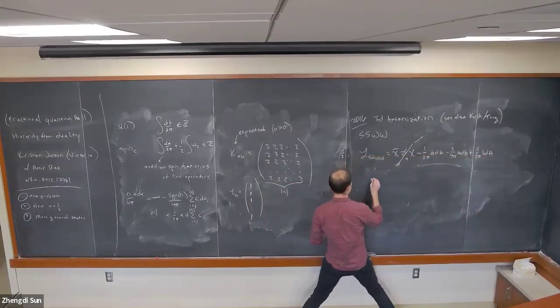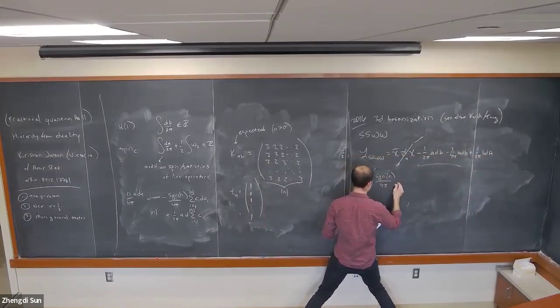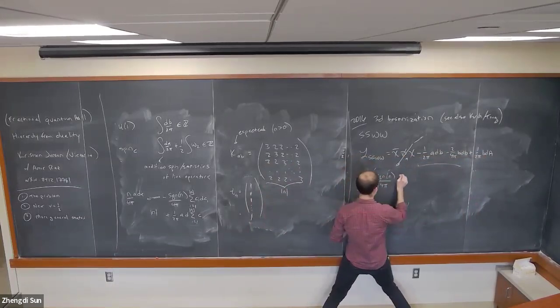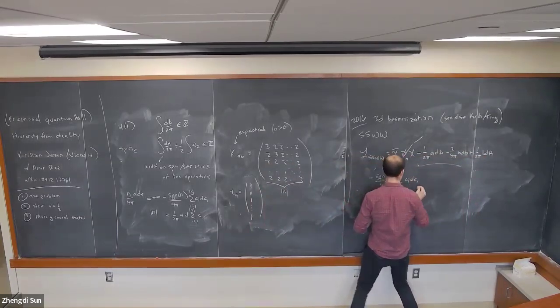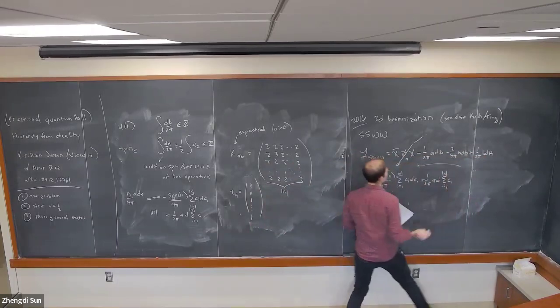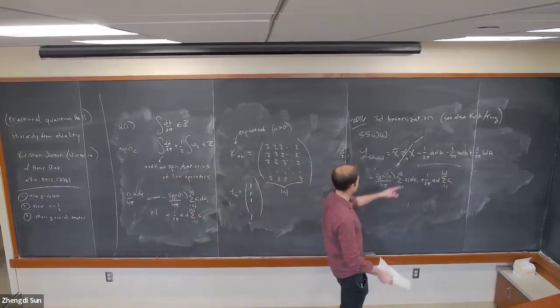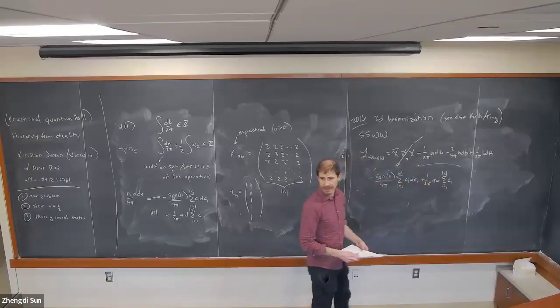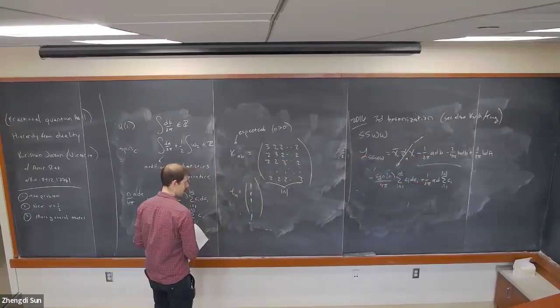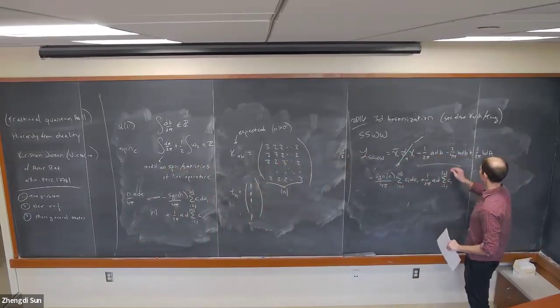Well, this is a computation we can do on the board together, so it's really worth it to walk through that computation. What we notice now is that A appears linearly in this effective action, which means it acts as a Lagrange multiplier, and we can integrate it out.